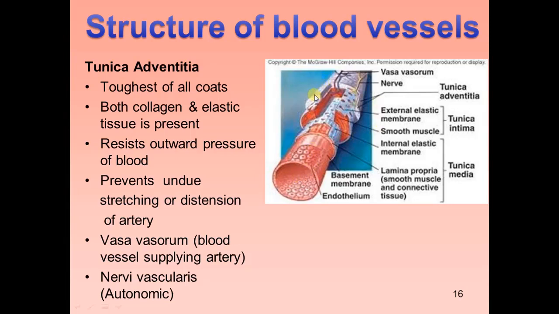But the outer coats, especially in the large arteries, need vessels which ramify and supply the outer 1/3 of the blood vessel. Vasonervorum are autonomic in nature, so mainly they are responsible for vasodilatation or vasoconstriction, and they cannot go beyond the smooth muscle layer.